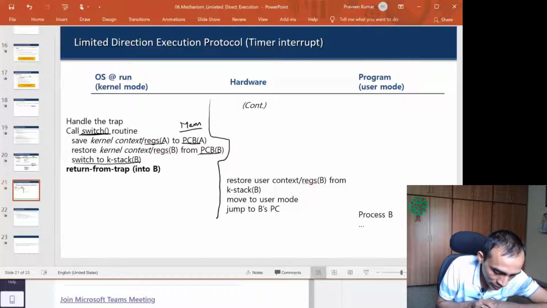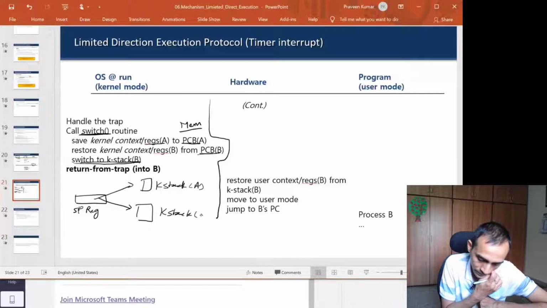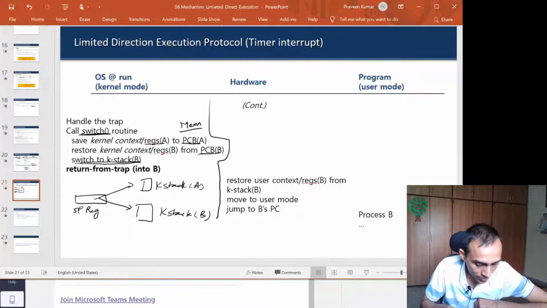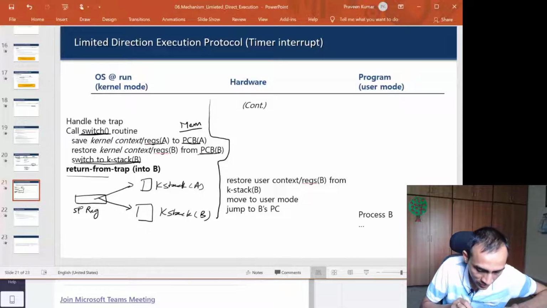Switching to the kernel stack basically means your stack pointer register, which initially had the address of the kernel stack of A, will now switch to the address of the kernel stack of B. And then it will do a return from trap instruction so that process B can start running.